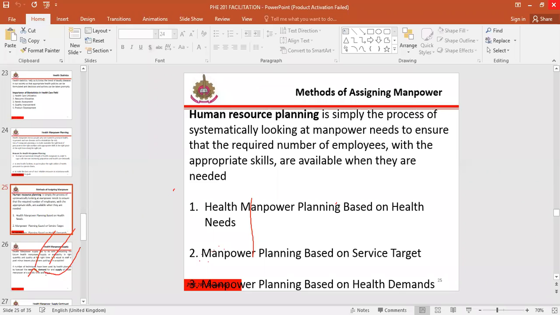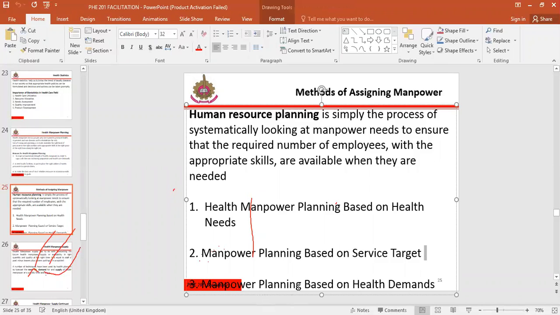That is the first one. You can as well base it on service targets, that is the required target that you want your manpower, that is your health personnel, to do for you. It can as well be based on health demand, depending on what you have and what is in vogue at the moment that you want to do your planning.